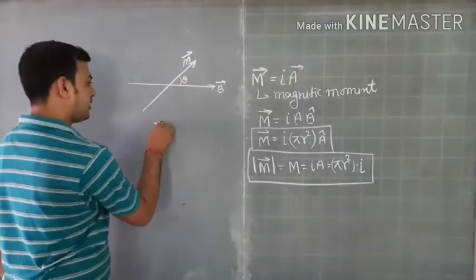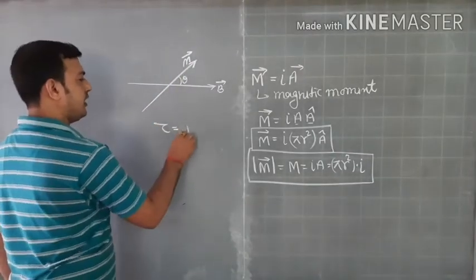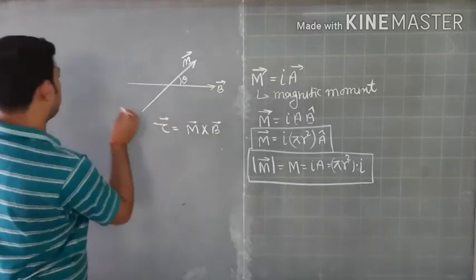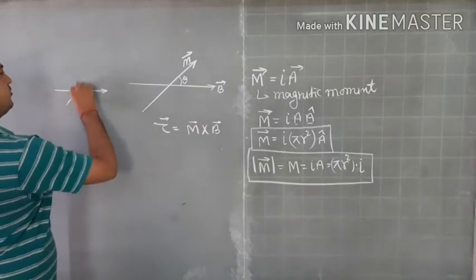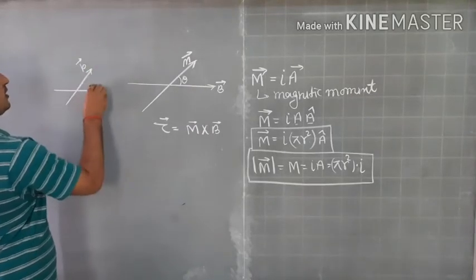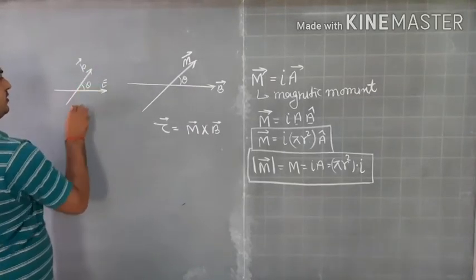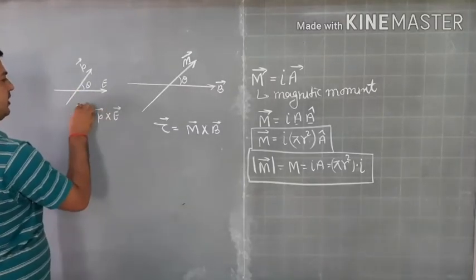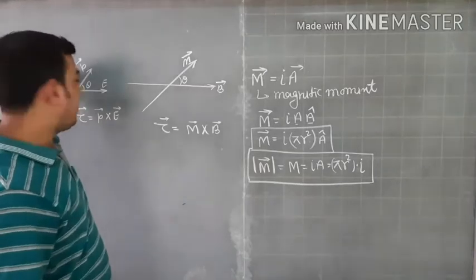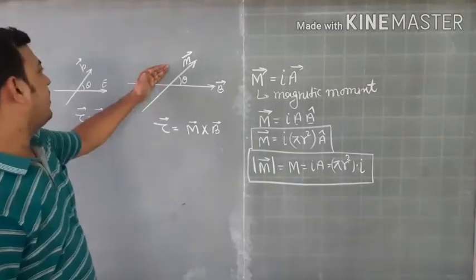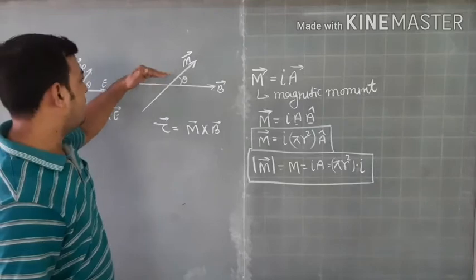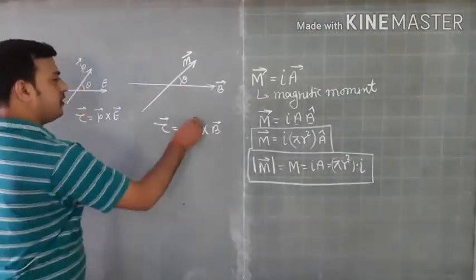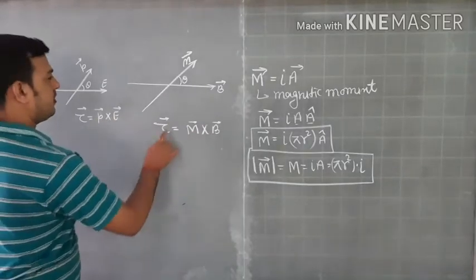Then it will experience a torque, and that is M cross B. That is very similar to the electric case, where if there is a dipole moment and an electric field, the torque was P cross E. Similarly here, if I replace my electric dipole with a magnetic dipole and place it in an external magnetic field at an angle theta, then the torque will be M cross B.